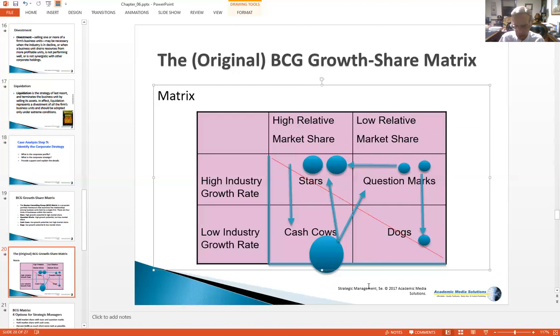They may have stars or not. But let's say that the company just has the businesses up here in the top row. They've got question marks and stars. No cash cows, no dogs. What would that tell you?